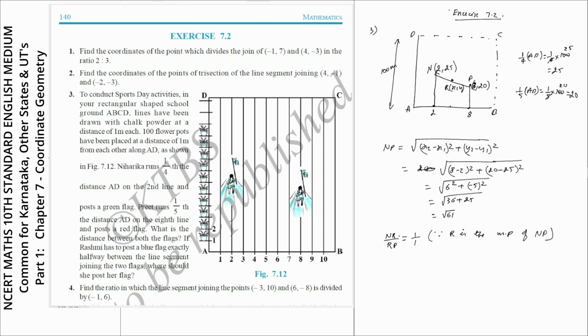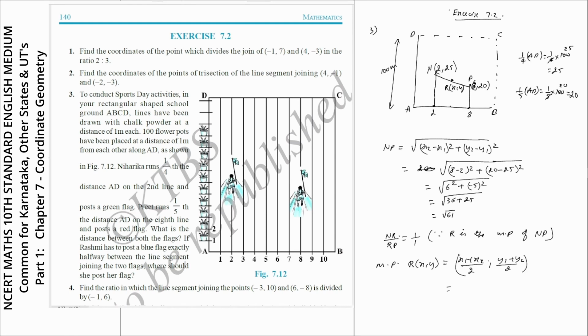Therefore, what is the midpoint formula? Midpoint formula is given as, so R x comma y, is x1 plus x2 by 2 comma y1 plus y2 by 2. This is the midpoint formula.